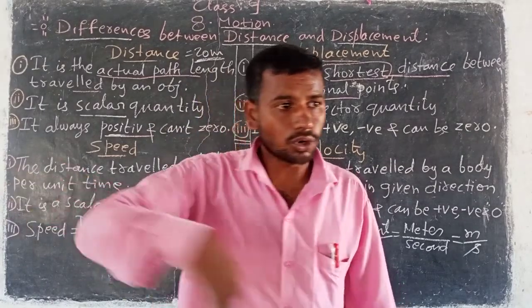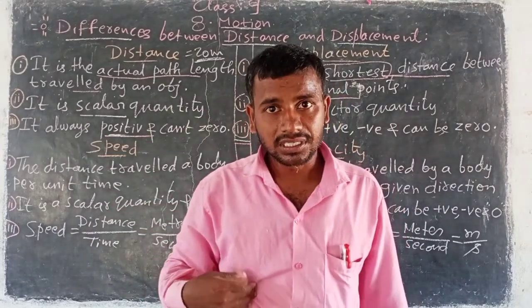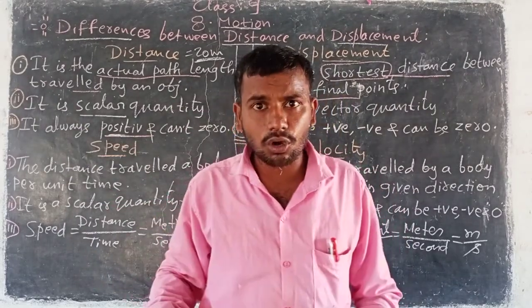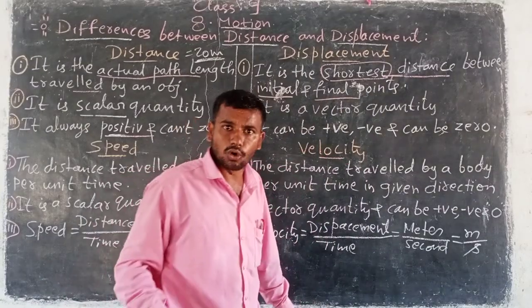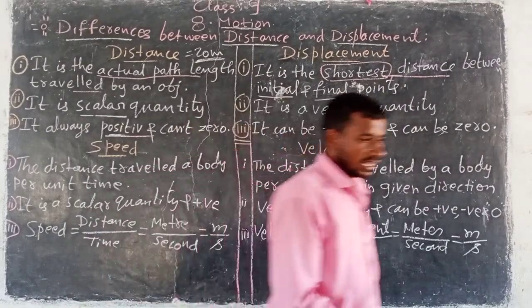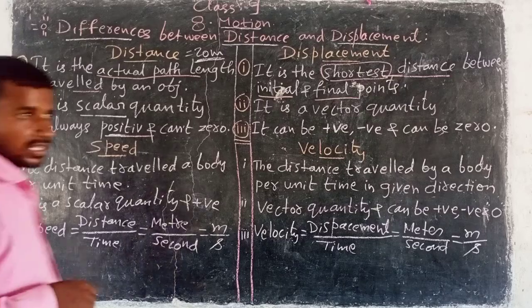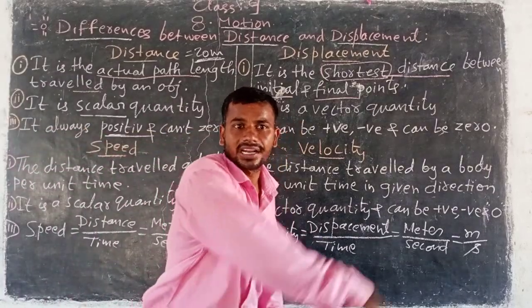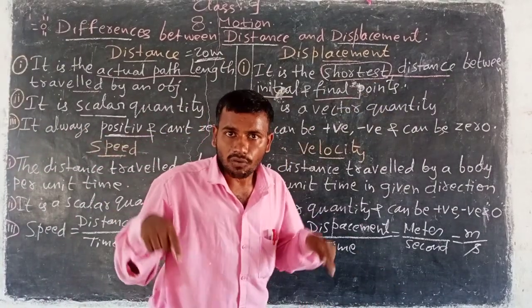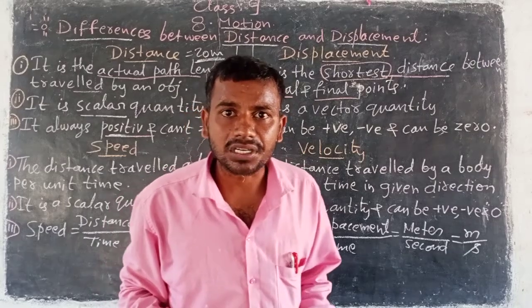If I complete one full circle, then displacement becomes 0. I moved from the chalkboard and I came near the chalkboard again. What is displacement?